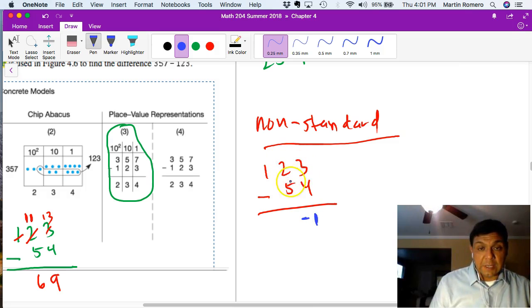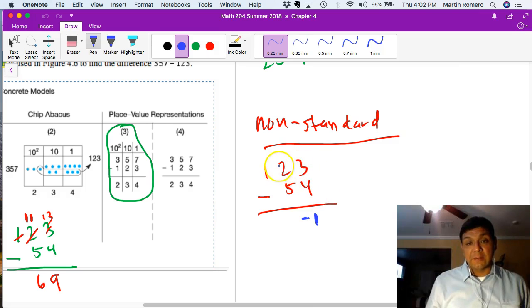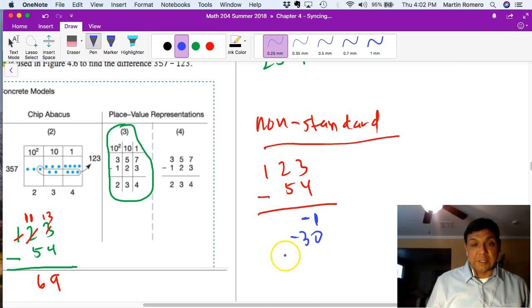And then you have 20 take away 50, that's negative 30, and then you just have 100 take away 0, so then you have 100.